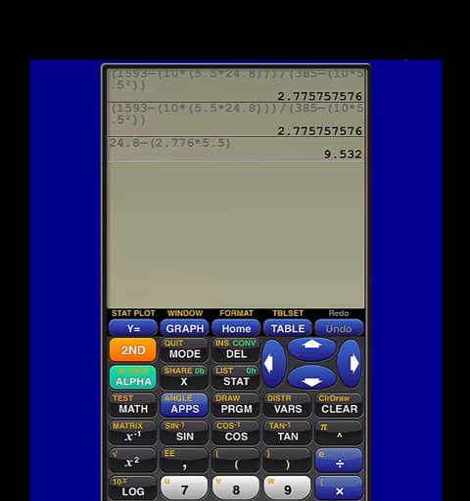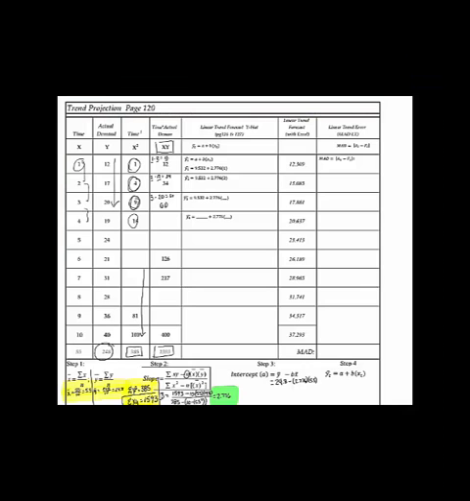Now, pause for a minute here and let's take a look back up at those numbers. We see that our first actual value is 12 with an intercept of 9.532. A first value of 12 makes some sense, especially when we consider the slope is 2.776.